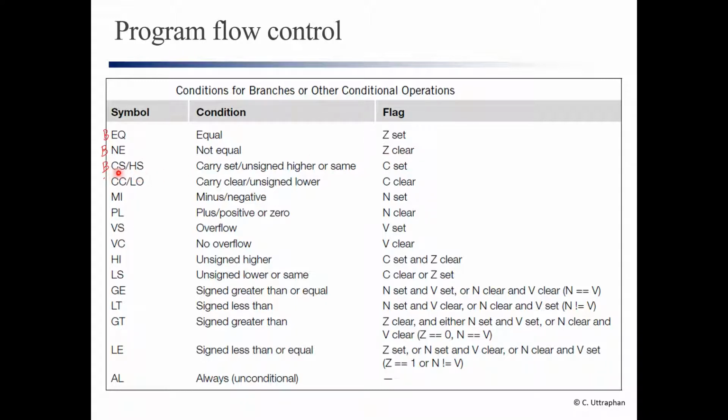The BCS, branch if carry set, or we can also use BHS, branch if higher or same for unsigned numbers, where the condition is true when the C flag is set. For all the other branch instructions, you can refer to this table. In the exam, this table will be given. Note that for branch always, there is no condition to be tested.